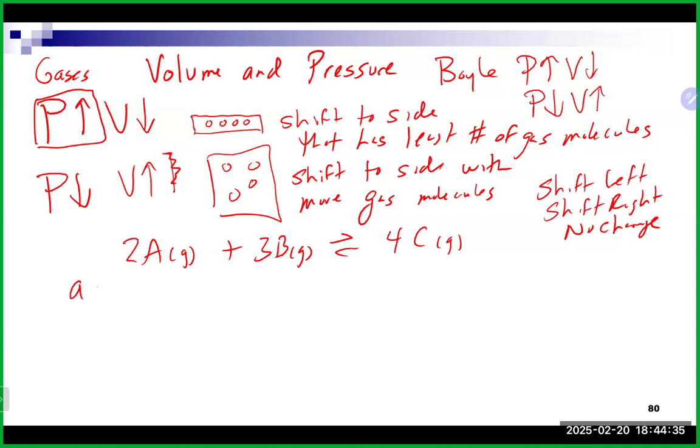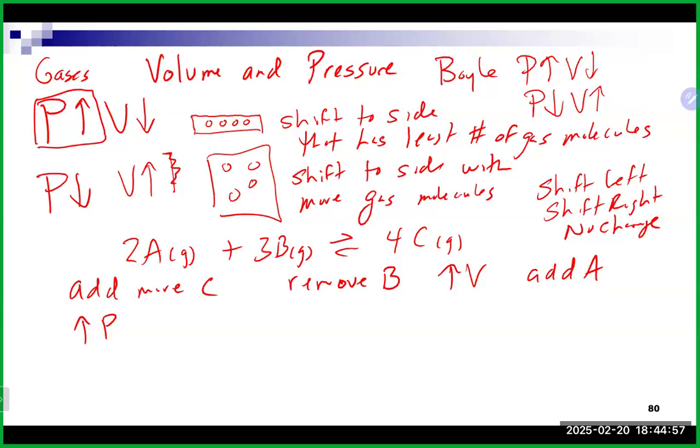We'll say let's add some more C. Let's remove B. Let's increase the volume. Let's add A. Let's increase the pressure. So in each of these cases, will the equilibrium shift to the right, to the left, or will there be no change? So take a moment and then we'll talk about it.